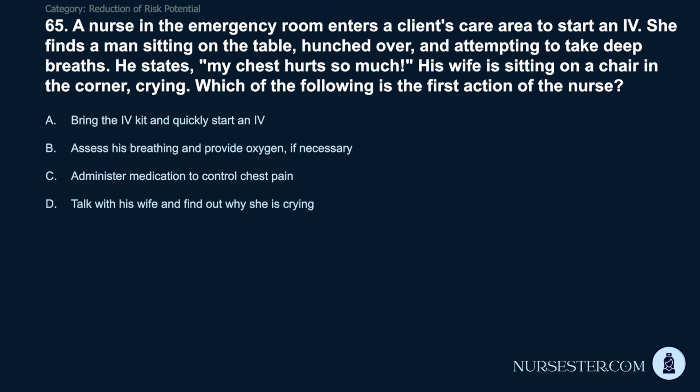A. Bring the IV kit and quickly start the IV. B. Assess his breathing and provide oxygen, if necessary. C. Administer medication to control chest pain. D. Talk with his wife and find out why she is crying. Correct answer: B. Assess his breathing and provide oxygen, if necessary.